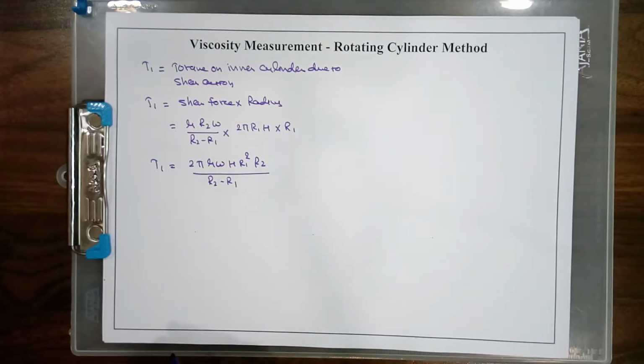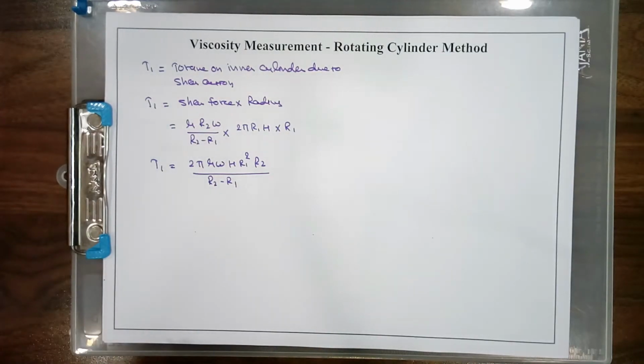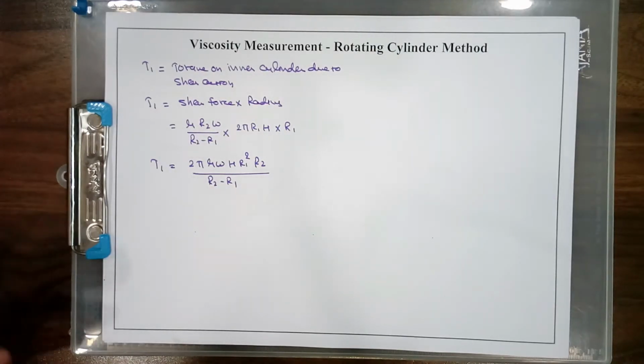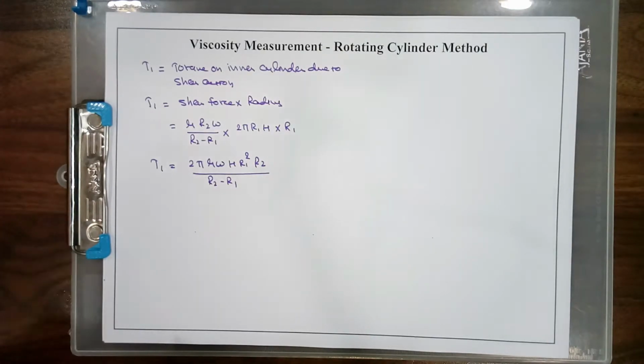Now students, using the theory of the footstep bearing, we can calculate the torque applied on the inner cylinder's bottom, which is indicated by T2.